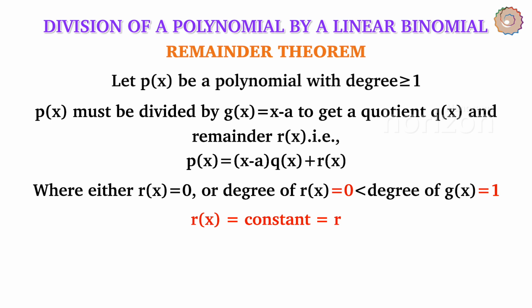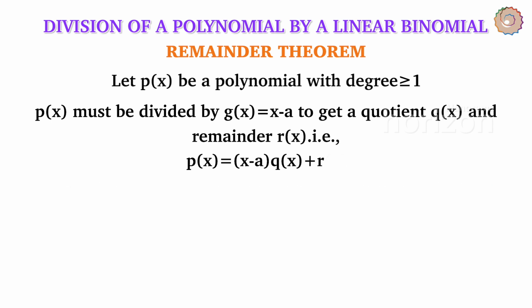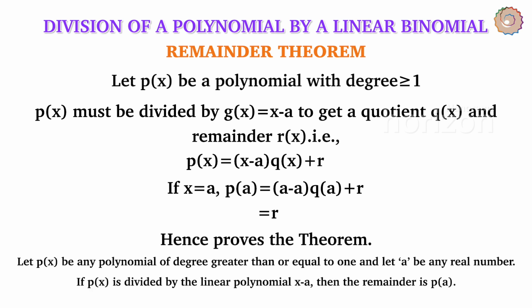So, it is a constant value, say r, that is p of x equals x minus a into q of x plus r. Now, if we put x equal to a, then p of a equals a minus a into q of a plus r, which is equal to r, that is the remainder. Hence proves the theorem.